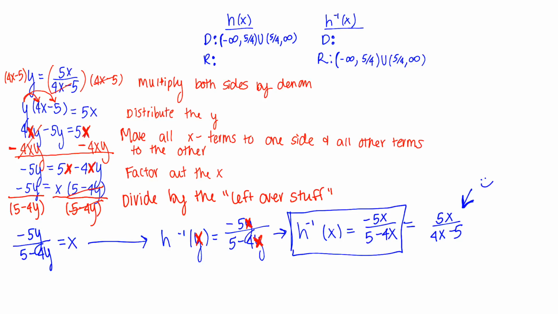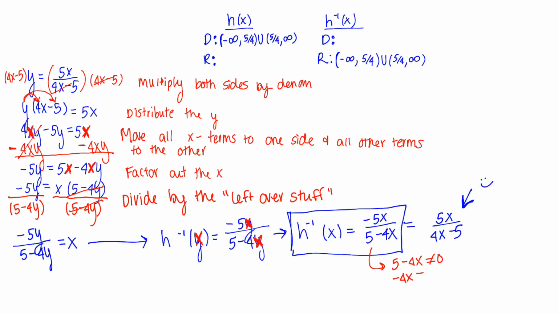Now the last part is finding the domain of this inverse function, because if I can find the domain of this inverse function, then I can find the range of the original function. So we can't have the denominator equal to 0, right? So 5 minus 4x cannot be 0.